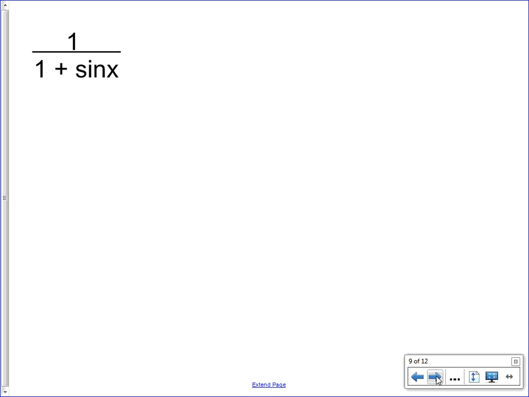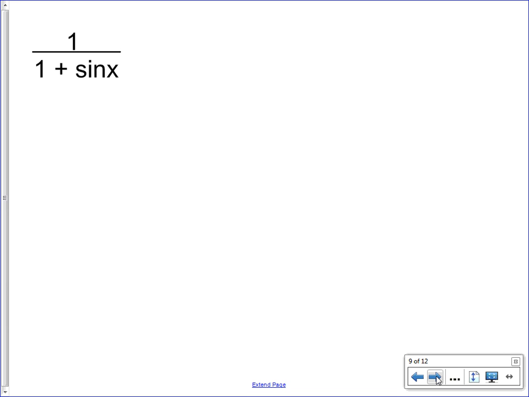So we really don't like having denominators that look like this. We have 2 terms in our denominator, and it looks weird, right? So what we're going to do is multiply by something to get rid of that weird denominator.